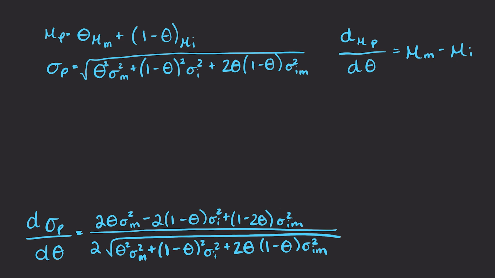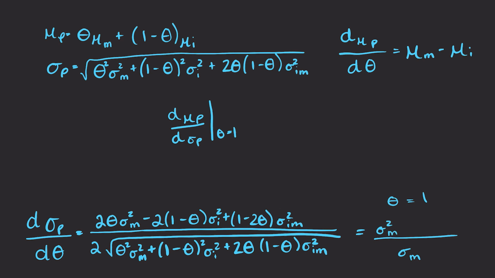And so what I said was that d mu d sigma evaluated at theta is equal to 1, right? Because it's tangent to the tangent line when it intersects the market portfolio, which is theta is equal to 1. So I want to evaluate this whole expression at theta equals 1. At theta equal to 1, this whole denominator is just sigma m. The numerator is going to be sigma squared m.